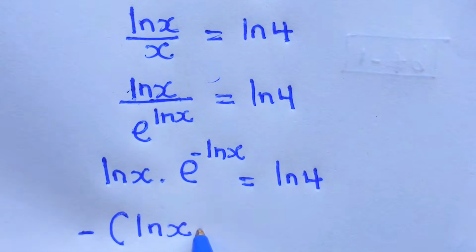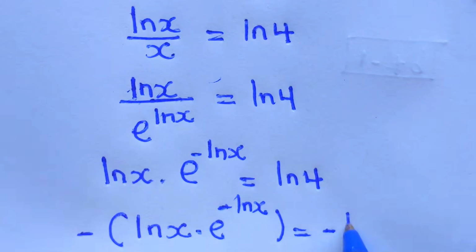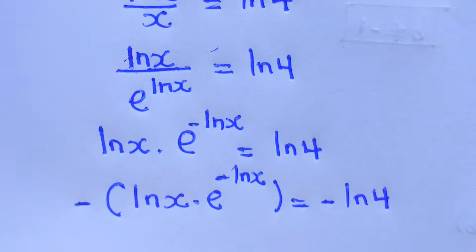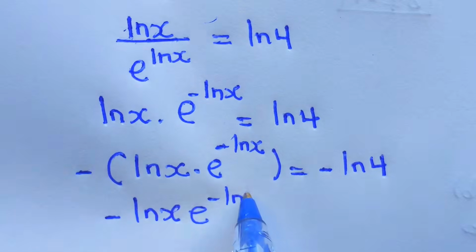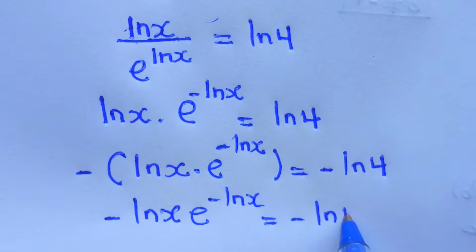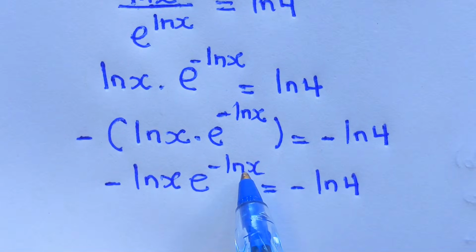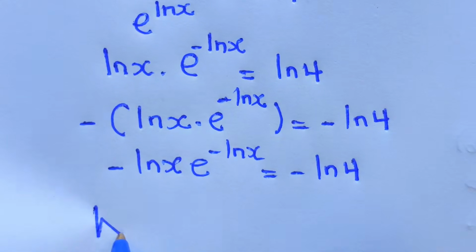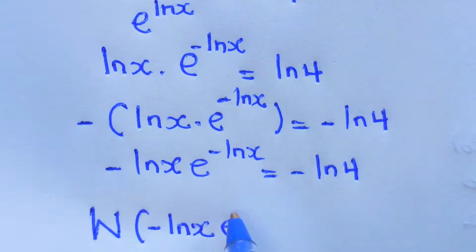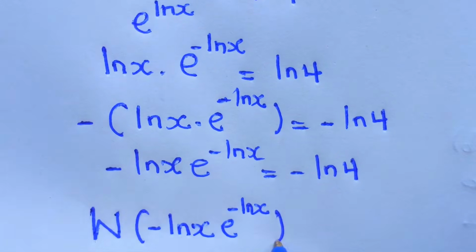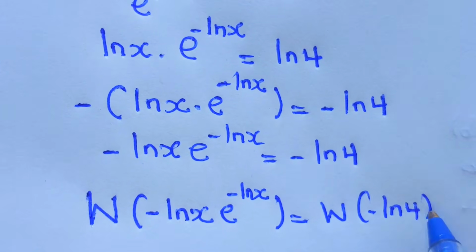Negative ln x times e^(-ln x) equals negative ln 4. Now at this stage, we have this one which is the same as this, so we can apply the Lambert W function: negative ln x e^(-ln x) equals W of negative ln 4.